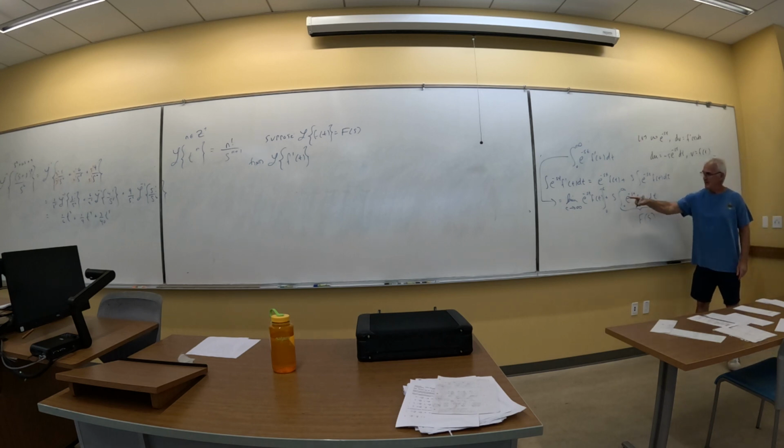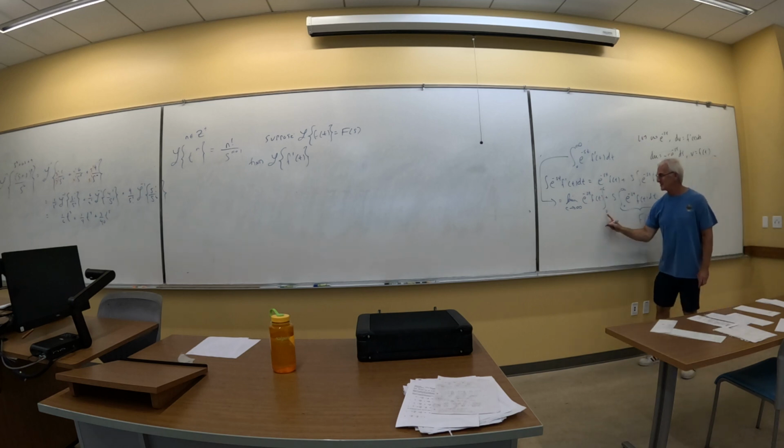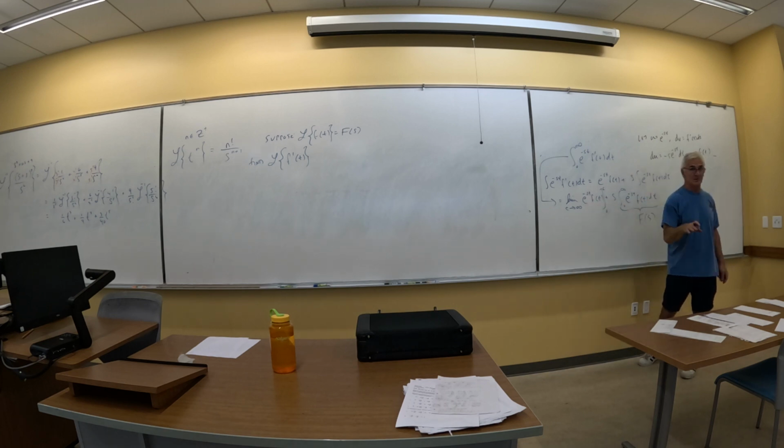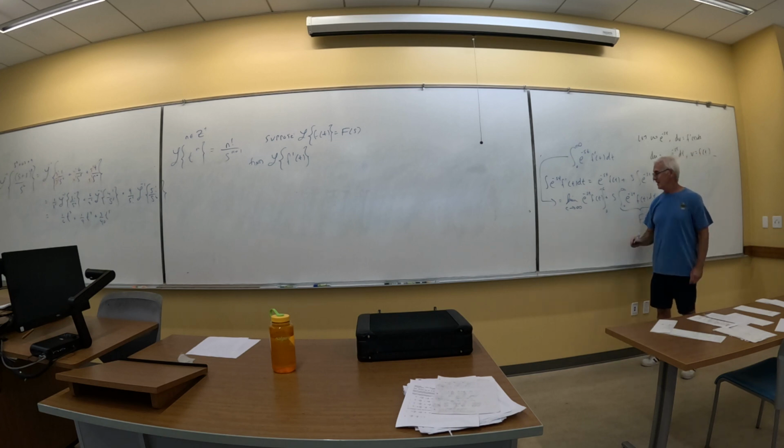Okay, this is the part that's going to be a little bit tricky. If we evaluate this at 0, then I have e to the 0, which is 1, times f of 0, which is just a number. It doesn't necessarily have to be anything particular. Evaluating at infinity is just zero.